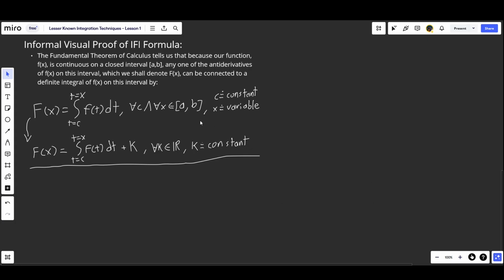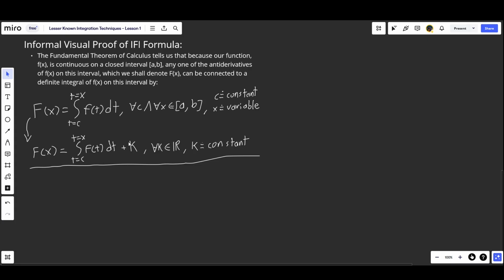It's worth noting that this relationship between definite integrals and the antiderivatives of the function that we're taking the definite integral of does not actually produce all possible antiderivatives that the function can have. It actually only produces a subsection of the antiderivatives possible. If we recall that antiderivatives only differ from each other by a constant, we can rectify this problem by adding a constant k to the end of the expression, where k can be any real number.